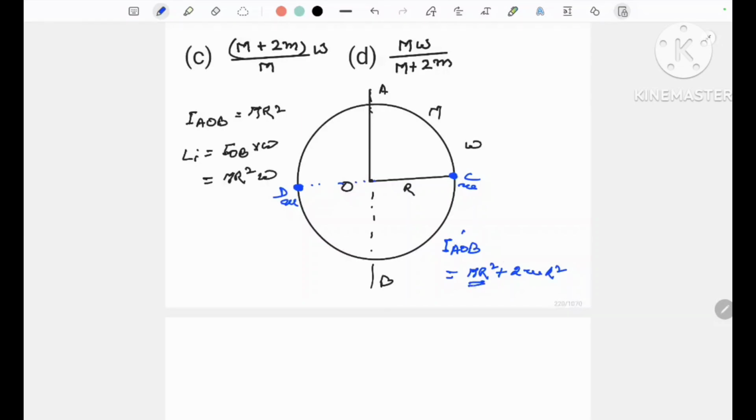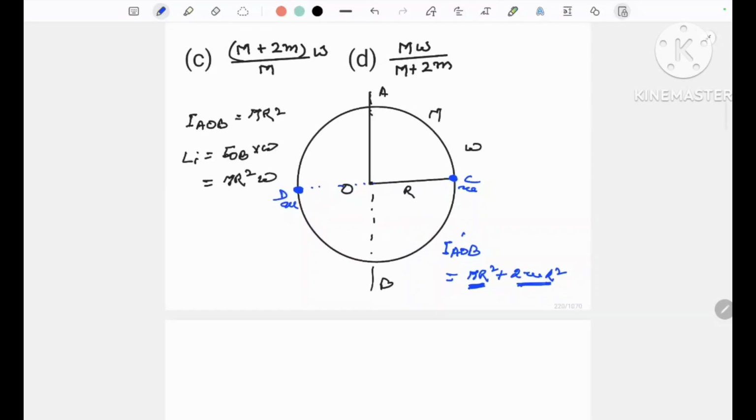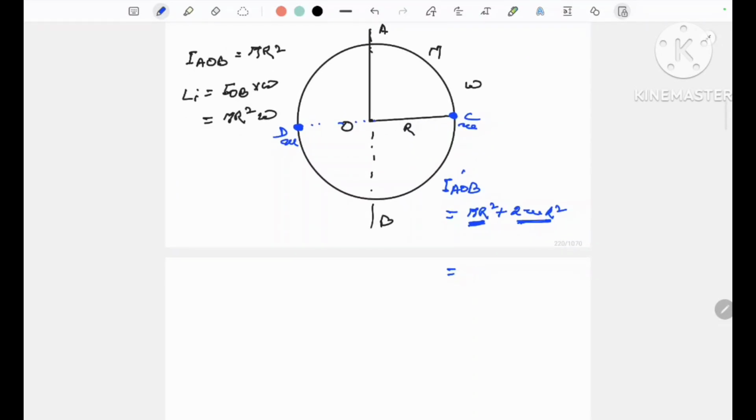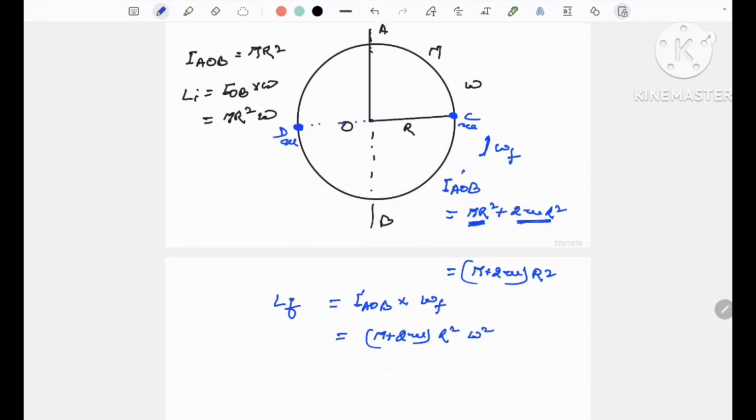This is the moment of inertia of the ring and this is the moment of inertia of the two particles, so m plus 2m r square. Final angular speed is omega f. So final angular momentum L_F will be I'_AOB into omega f, or m plus 2m r square omega f.